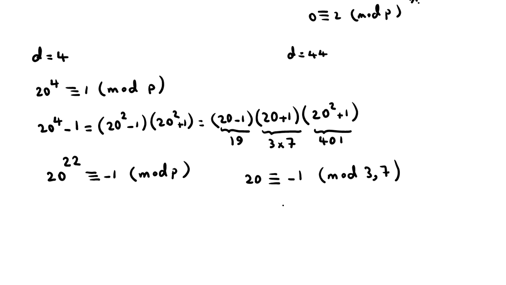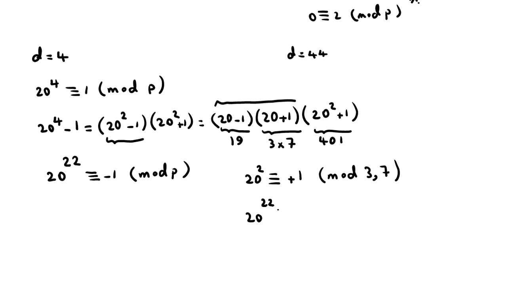So here we can say what? Or let me tell you a better thing. Do you agree 20 squared minus 1 is this? So we can say 20 squared, because negative 1 is this, so 20 squared is congruent to positive 1. So if you consider 20, raise both sides to the power of 11.